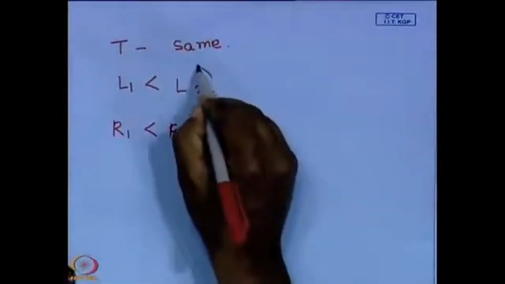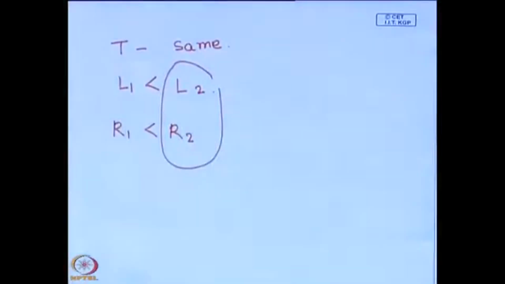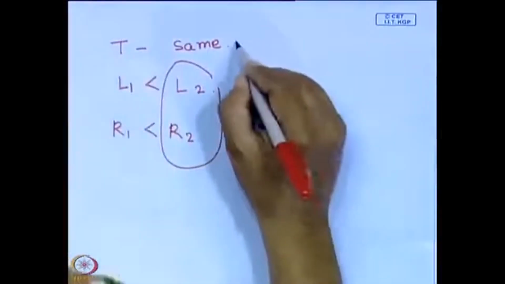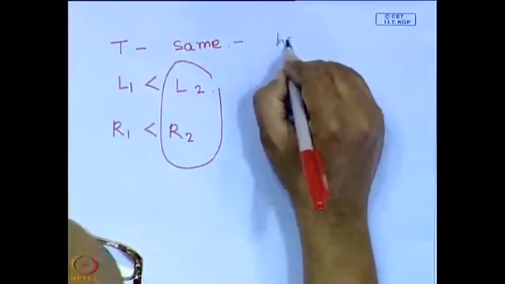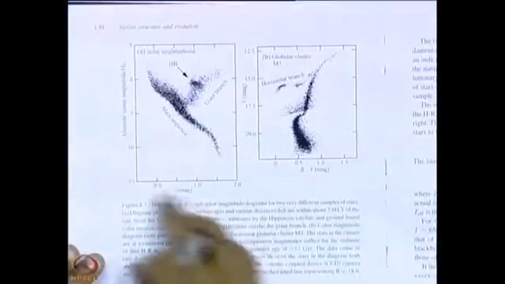So this is a star on the main sequence, let us say, and I have another star which has the same temperature as the main sequence star, let us say a very hot star, and it is quite hot. So let me ask you, a hot star, in which part of the diagram would it appear?